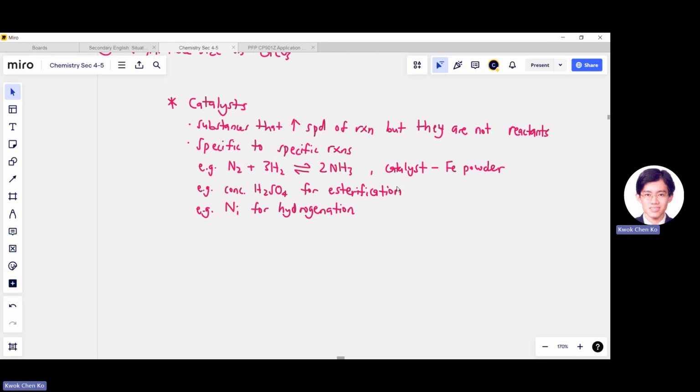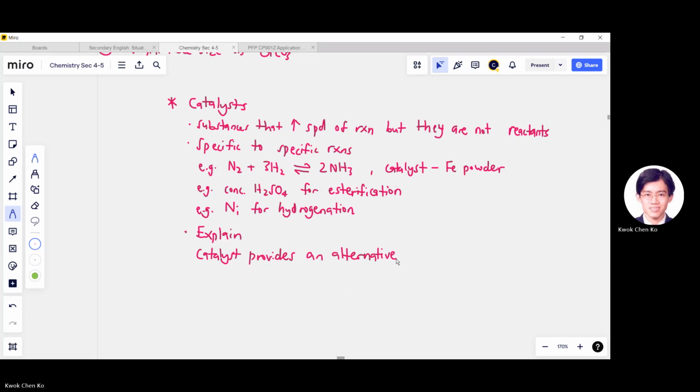Okay, but let's go on. Explain how catalysts speed up reaction. That's why you need to write down: provide an alternative reaction pathway.